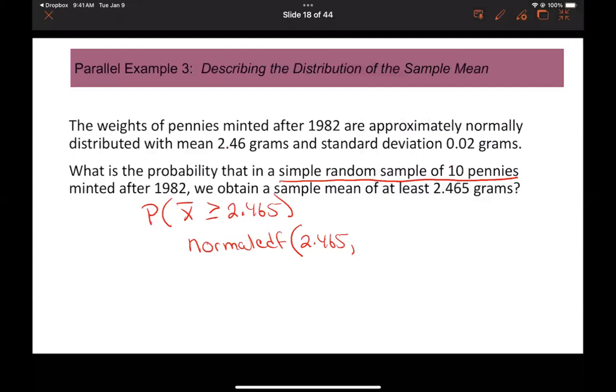And our upper is 1E99. I really need to start putting a lowercase e. My high school kids keep getting mad at me for that, and I need to listen to them. And then our mean is 2.46. I need to calculate the new standard deviation.